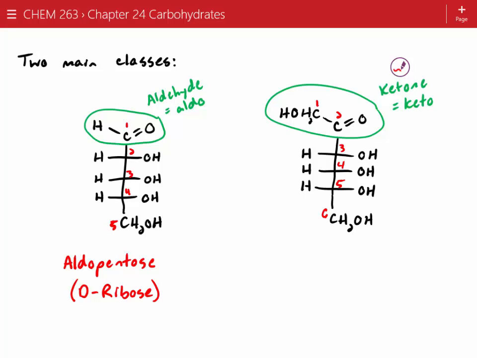If we go and we name the other one, we would call this a ketohexose. I always say these wrong. And then if you go on the other side of your family tree, you've got a family tree of D-ketoses. And which one would this be?